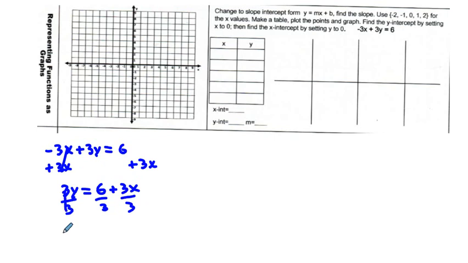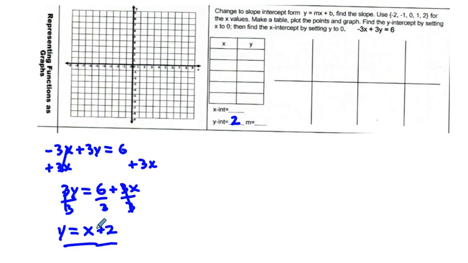So we get y equals, and we have 3 divided by 3. So in slope-intercept form, it's going to be x plus 2. So that's going to be our slope-intercept form. And then our y-intercept based on this is going to be 2.